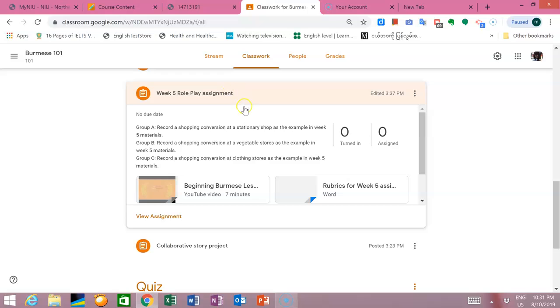And for week 5, it's a role play assignment. This is the group work assignment. Each group has to open shops, and one of the group members has to act as the shopkeeper, the salesperson. Other group members have to buy items. They were assigned different shops.